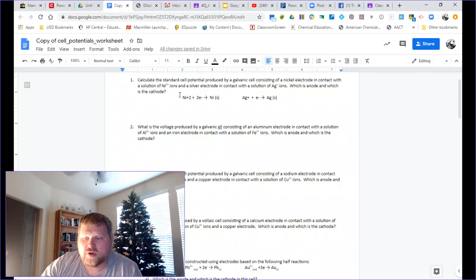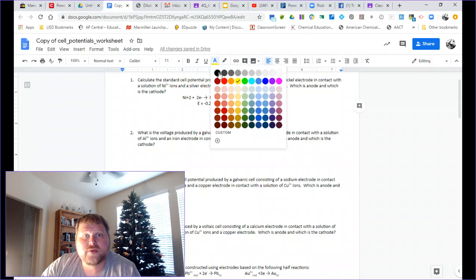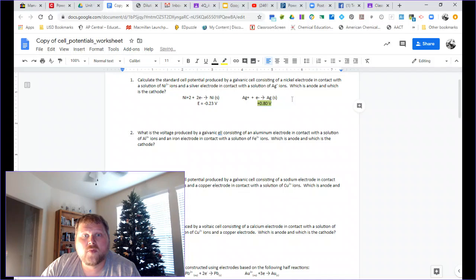To figure out which one's going to work, I go to my reduction table, and again, I've done this for you. The reduction potential for the nickel is negative 0.23 volts, and for the silver it's positive 0.8 volts. We definitely have the cathode reaction here being the silver.